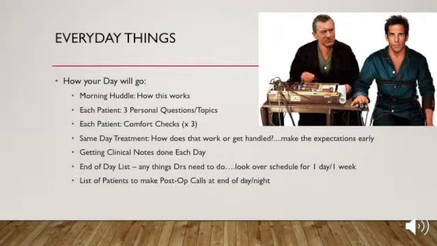And then sometimes a list of patients to make post-operative phone calls. One thing I like to do is have my staff write onto a sticky note the patient's first name and then their phone number. And if it's a lot of patients, they'll make a clinical note as to what I did, like root canal, RCT, or crown, or EXT for extraction.